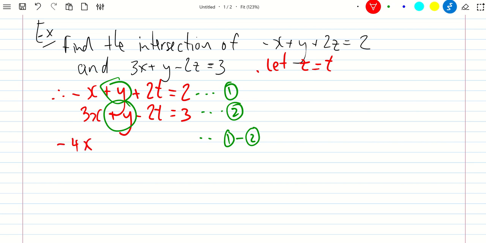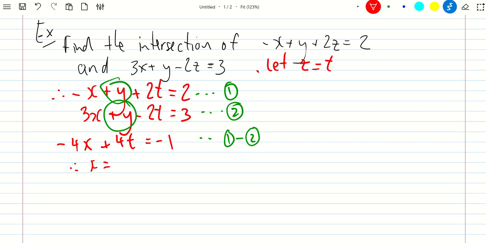Positive y take away positive y will be nothing, so we've eliminated the y, which is what we wanted. And then 2t take away negative 2t, double negative, so that's plus 4t. And that's equal to 2 take away 3, which is negative 1. So I've eliminated the y, and I can get a solution for x in terms of t.